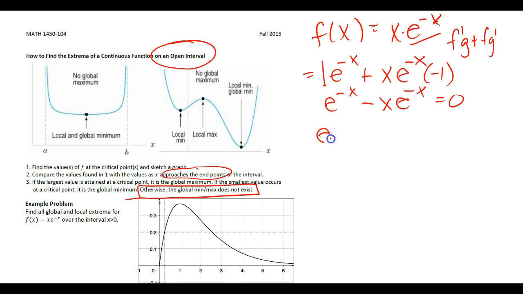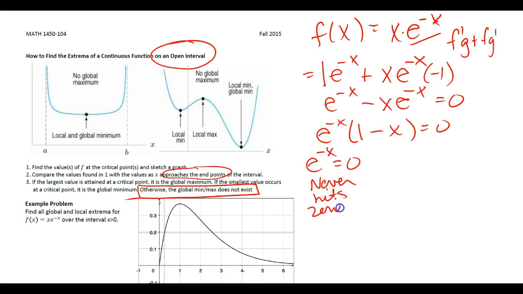All right, I'm going to factor out e to the negative x, and I'm left with 1 minus x equals 0. Well, this e to the negative x function never hits 0. If you graphed it on your calculator, you can't find a point where it's 0. But here, x equals 1.